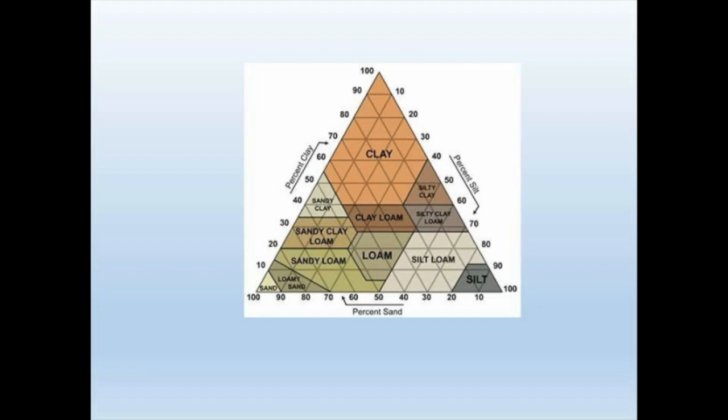If you're down in this corner of the triangle, you're very sandy, you have lots of options. And you should have a soil that, other than it being gritty, will handle compaction better than most of the rest of that triangle.